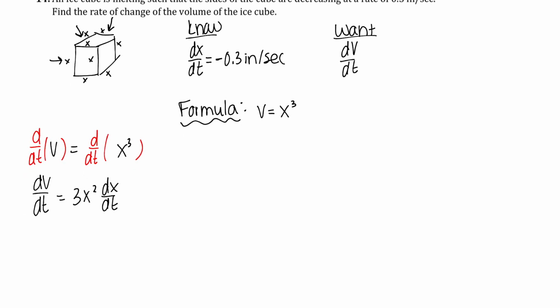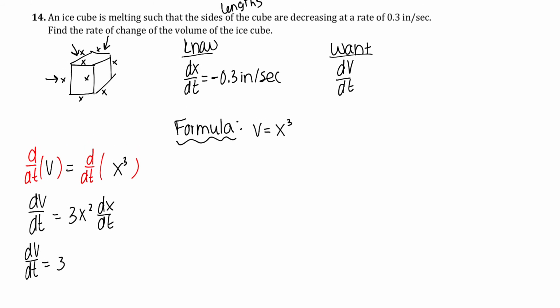We know that dx/dt is negative 0.3 inches per second. So we have 3, and then, I had just realized we are actually missing vital information because we need to be able to plug in something for x.